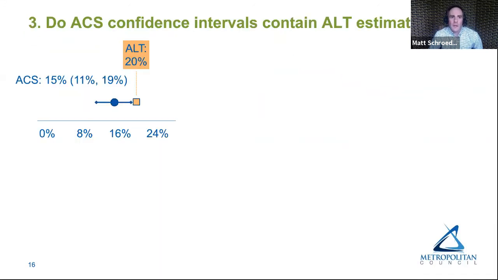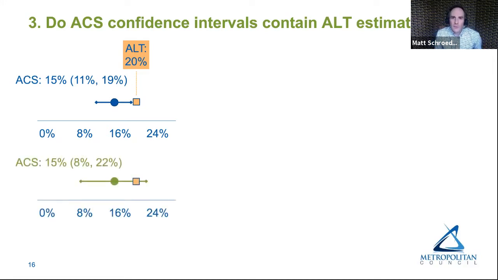And then third, using what we know about the sampling error in the ACS, say that we have an alternative estimate of 20% rentals and an ACS estimate of 15%. So a difference of 5 percentage points. Let's also say that the ACS confidence interval runs from 11% to 19%. So that confidence interval does not contain the alternative estimate.